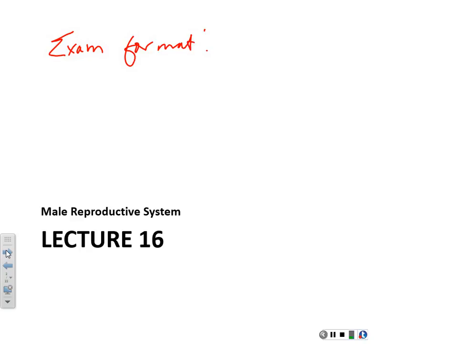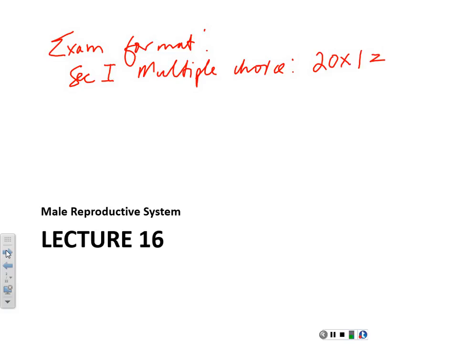We're going to have section 1, which is our usual multiple choice. And this time we're going to have 20 questions times 1, which is 20. So this is the fewest you've had so far.